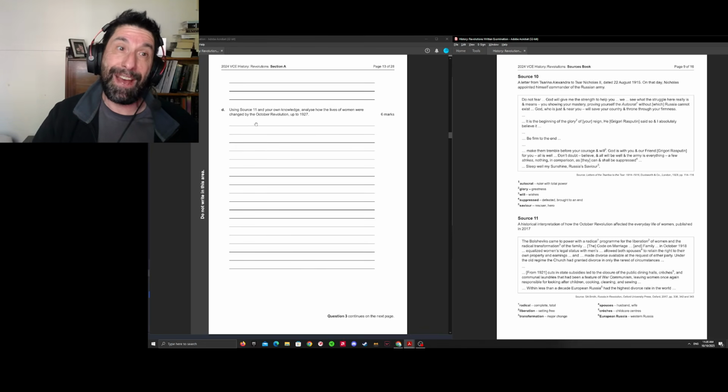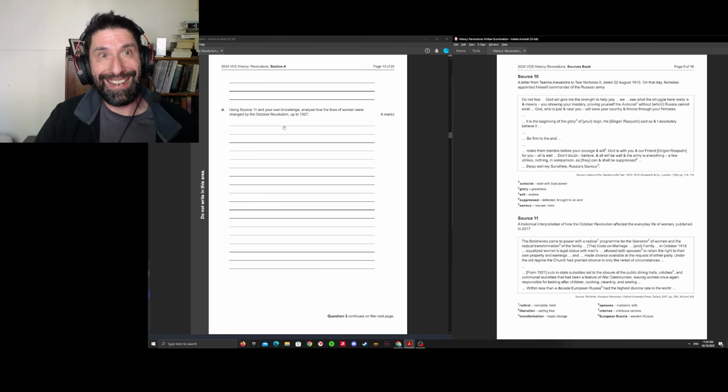You could talk about how their lives were changed by decrees such as the Decree on Land, which recognised the peasant land seizures. You could talk about the Decree on Workers' Control, which, for a little time anyway, before some of the harsher economic policies such as war communism came in, were imposed by the Bolsheviks upon the Russian people.